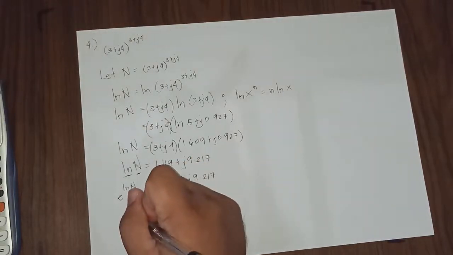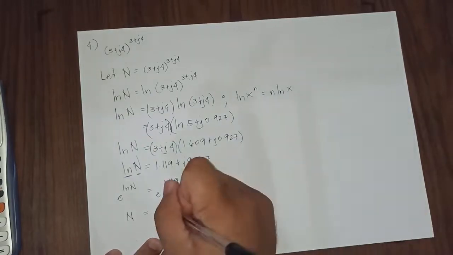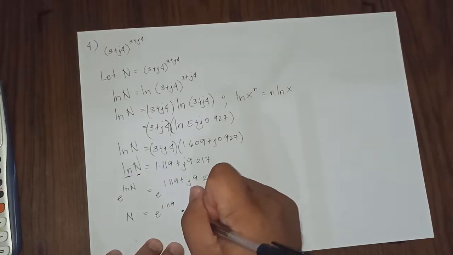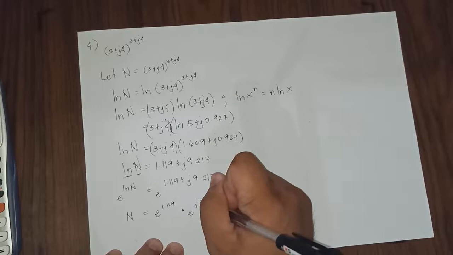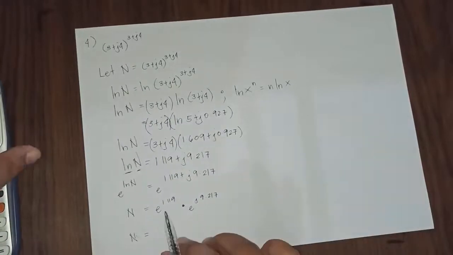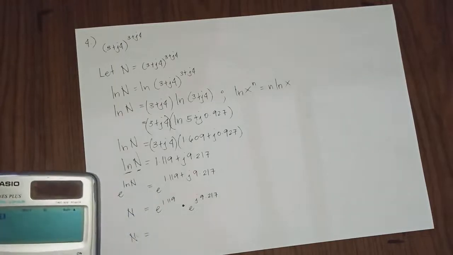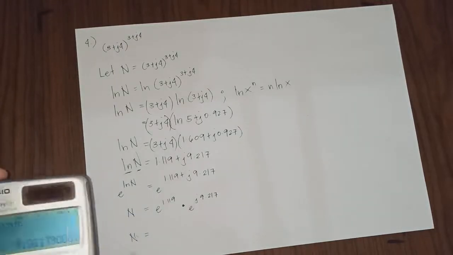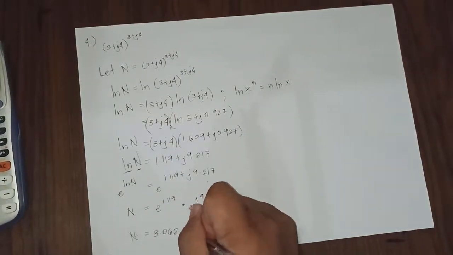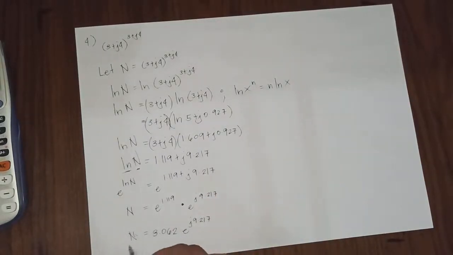So n is equal to e raised to 1.119 times e raised to j of 9.217. Therefore, n is equal to e raised to 1.119, which is 3.062, times e raised to j of 9.217. That is the final answer, class.